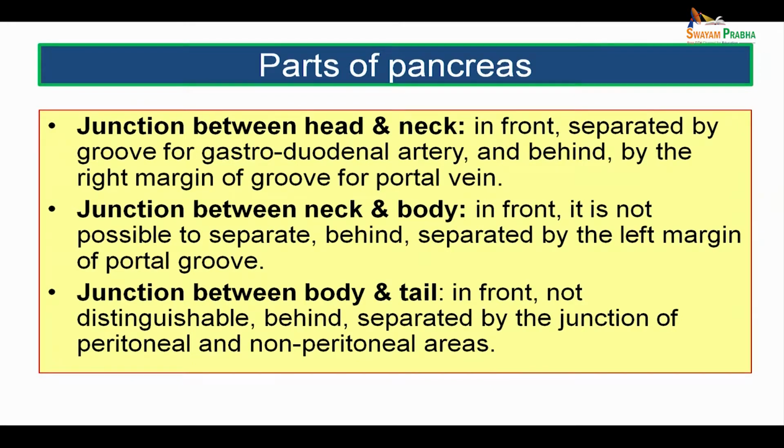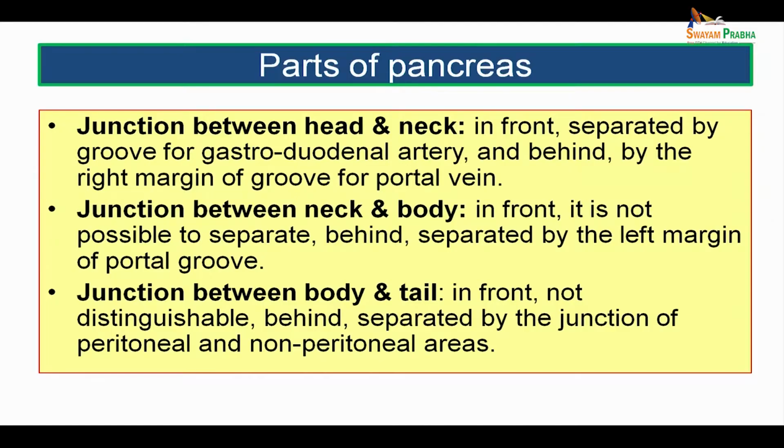The junction between the head and the neck in front is separated by the groove for the gastroduodenal artery, and behind it is marked by the right margin of the groove for the portal vein.